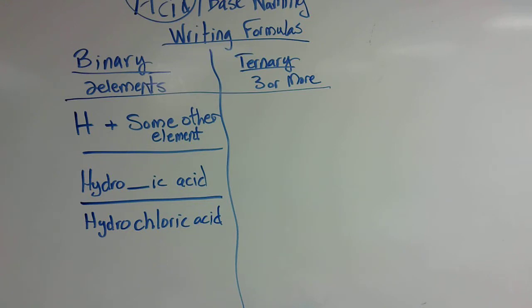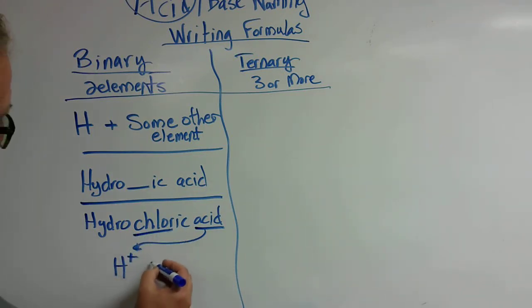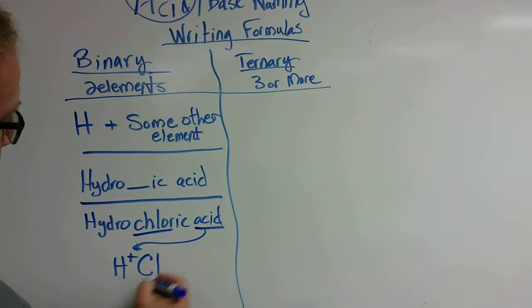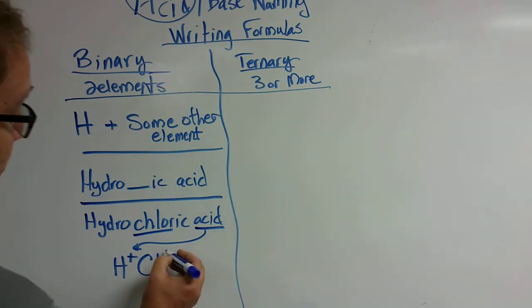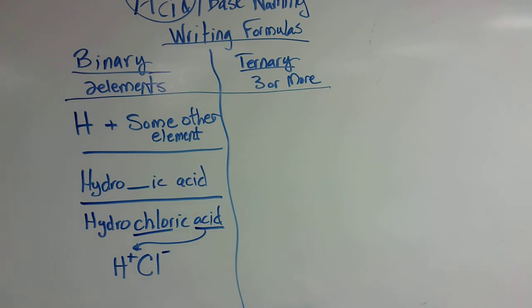The first thing I'm going to do is write the formula for it. First of all, I see acid, which automatically means I'm going to put an H. The charge of H is always a positive 1. That's probably the first thing you need to write. And then chloric comes from the word chlorine, so it's going to be Cl, and the charge of Cl is a -1. So we are going to write this like an ionic compound.